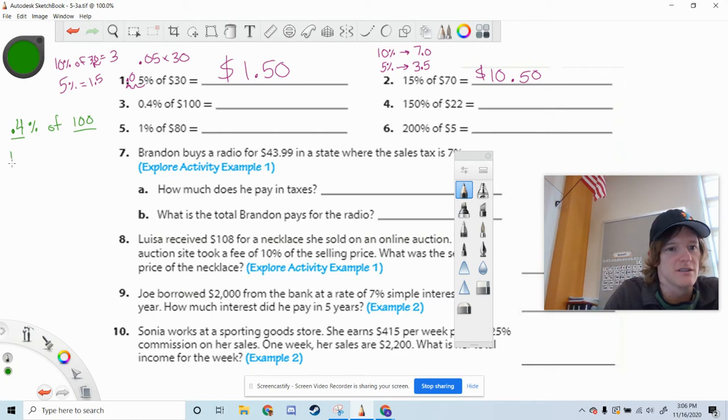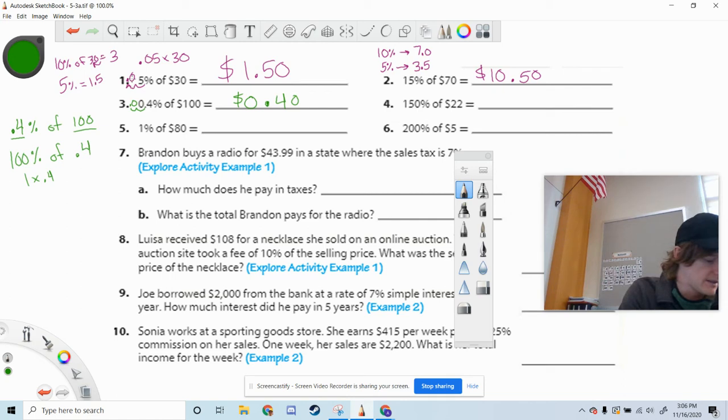That's going to change it to 100% of 0.4, which is therefore just 0.40. Because 100% means times 1. You move your decimal 2 times, so it's 1 times 0.4. So in money terms, 0.4, probably throw in a couple zeros, but it's just the exact same thing. Nothing changes. Or we could go ahead and move our decimal 2 times over. So we have 0.004 times 100. Same thing.